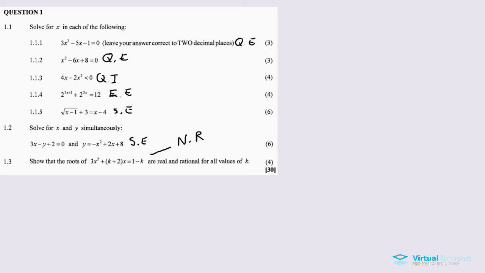So basically it's still mostly equations, right? So 1.1.1, this is a quadratic equation, and then in brackets: leave your answer correct to 2 decimal places. Here you must use a quadratic formula to find the roots of this quadratic equation.